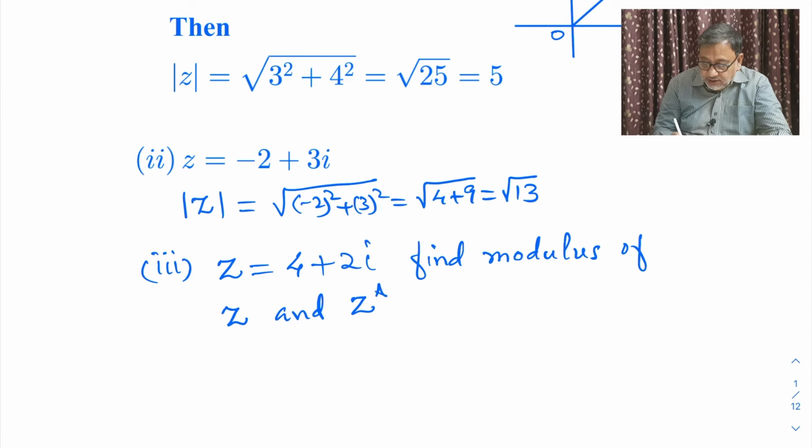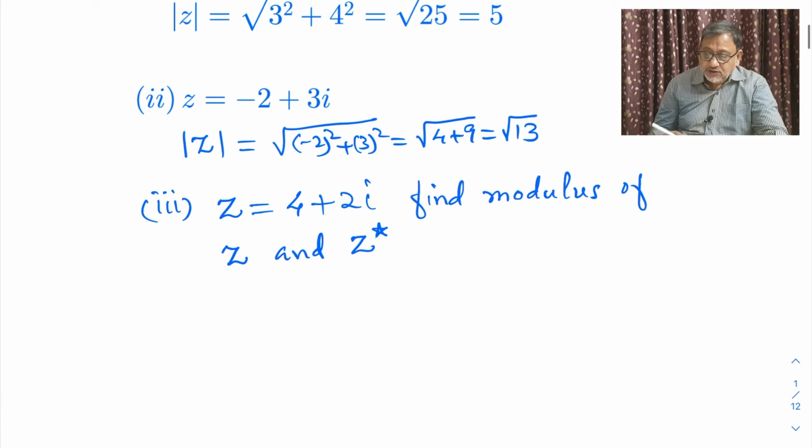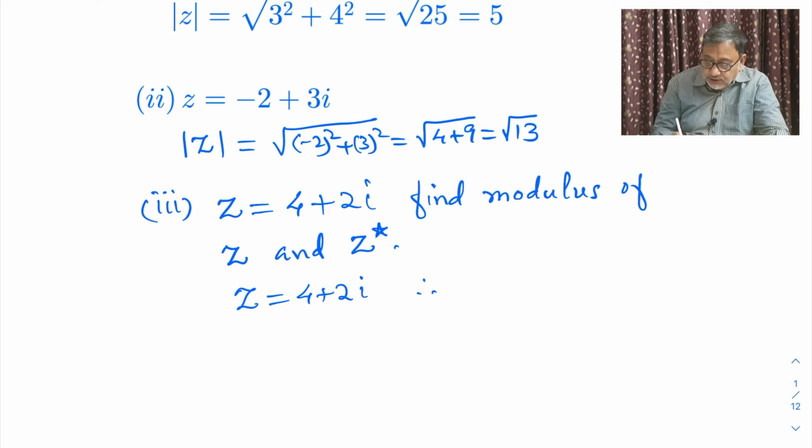Let us see what the difference will be between the modulus of z and the modulus of the conjugate. Let us first write the modulus of z. So z is 4 + 2i. Now as we have already studied, z conjugate, which can also be z bar, will be 4 - 2i. So we just change the sign of the imaginary part.